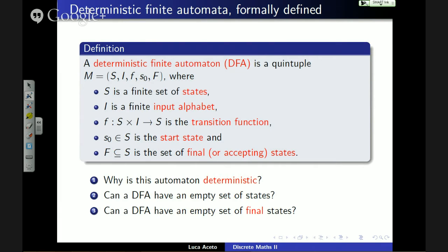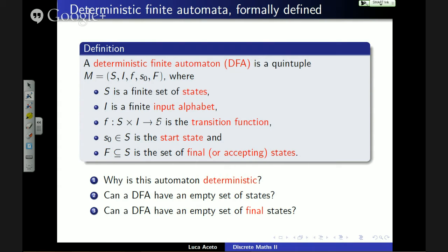Given a state that you're currently in and given a symbol that you read, there is exactly one and only one possible next state. The opposite of this is non-determinism, where the machine actually chooses possibly to go in one or many different places. And we will see in future lectures a version of machines which are non-deterministic, that have the power of magic in a strong sense.